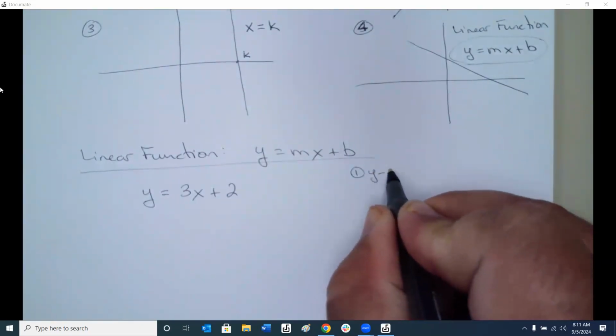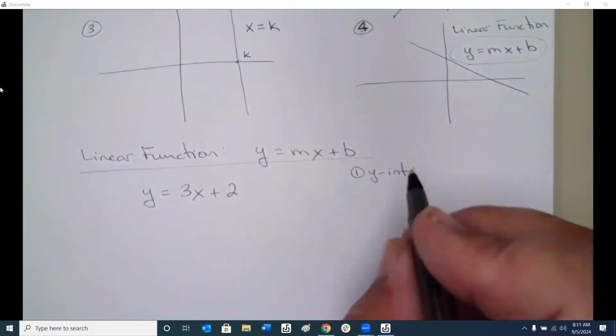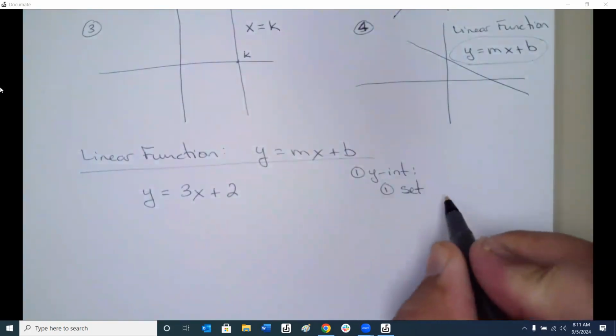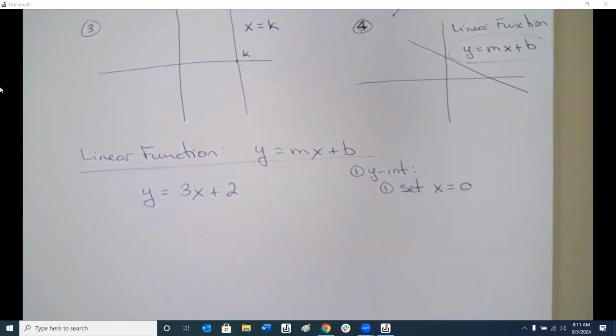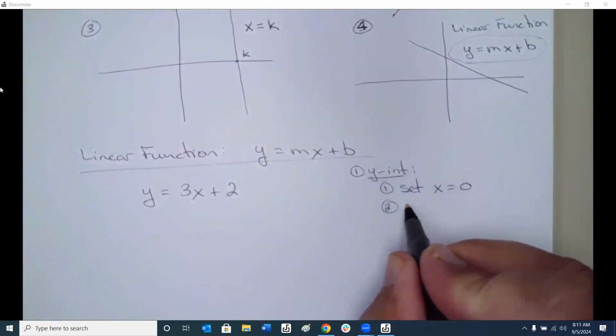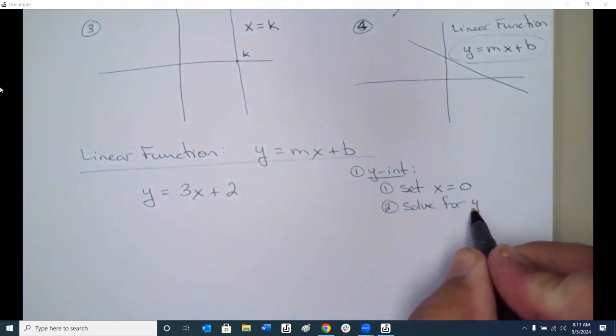So remember how we find the y-intercept? The two steps we need? First step is what? Set x equal to 0, because we only want the y values. And then solve for y.